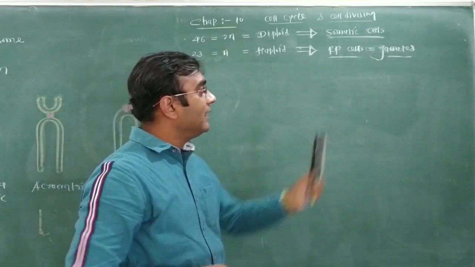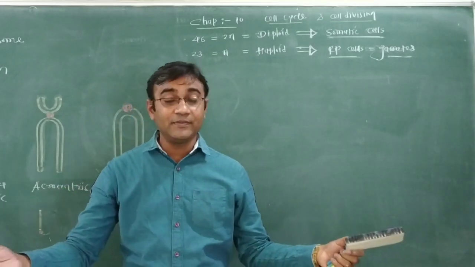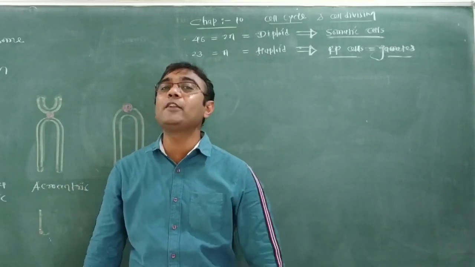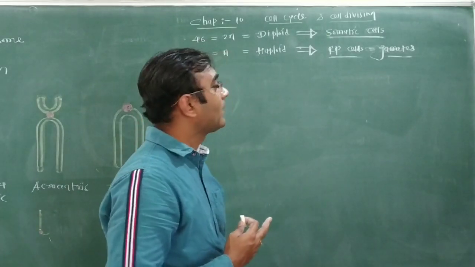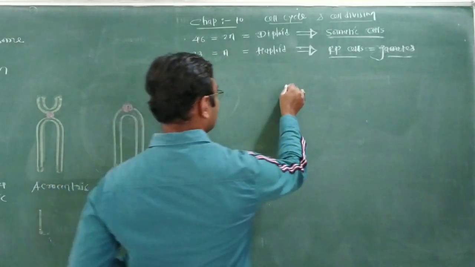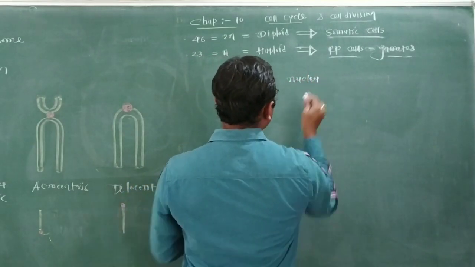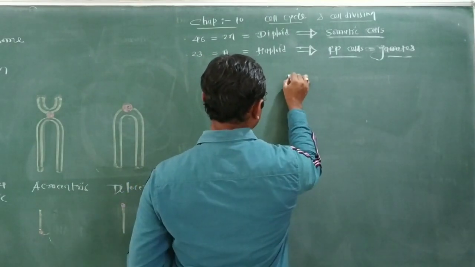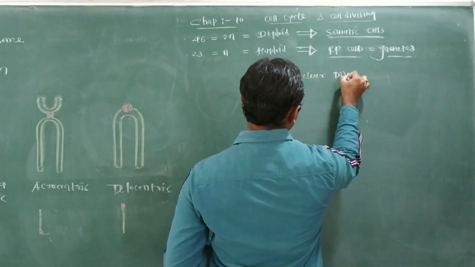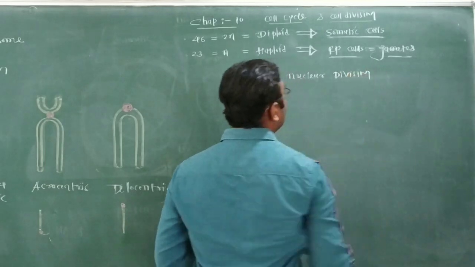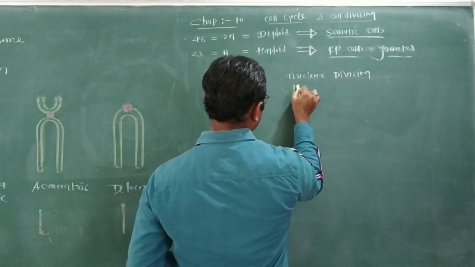Now, in cell division there are two phases: first nuclear division and then cytoplasmic division. Nuclear division, in biological terms, is karyokinesis.